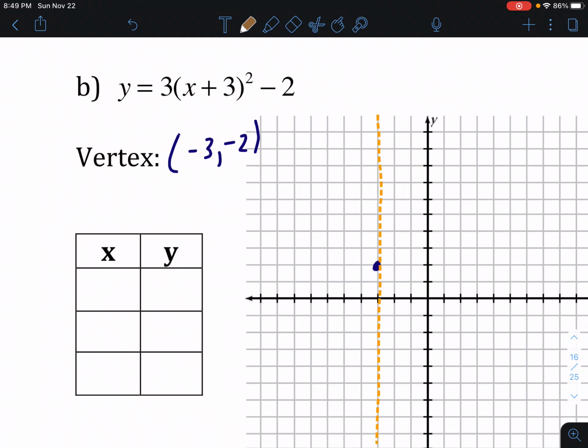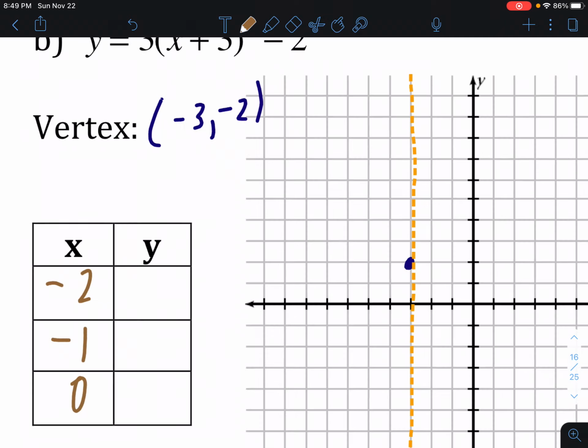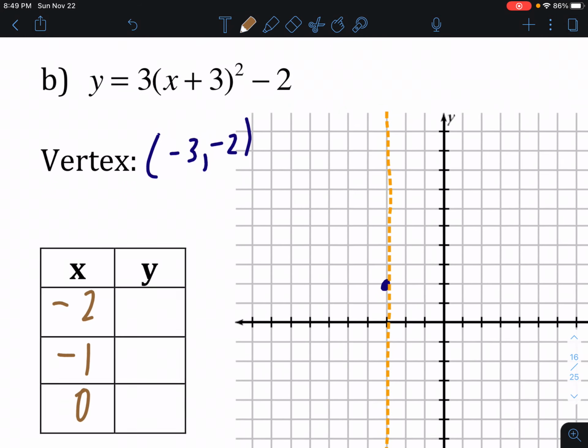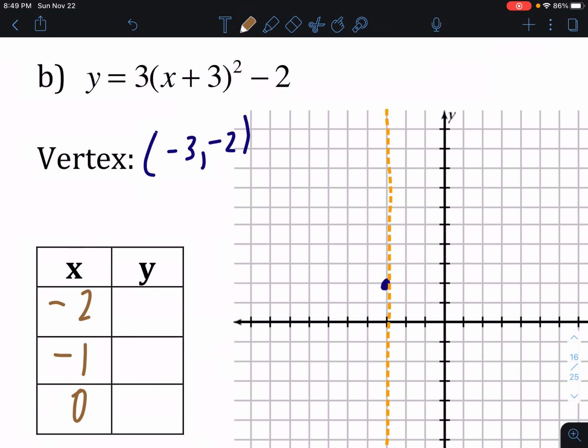Now our xy table of values after negative 3 would be negative 2, negative 1, 0. And we're going to use our formula 3 times. So I'm going to start with the negative 2 and plug it in for x.